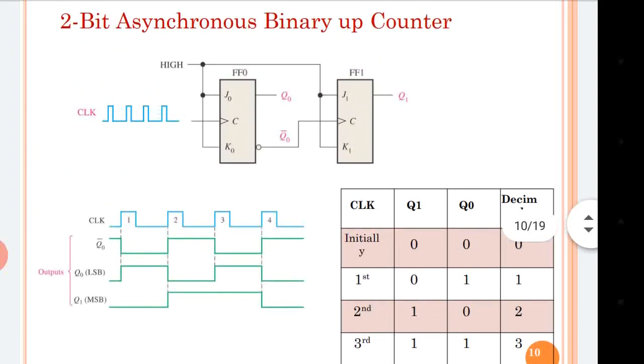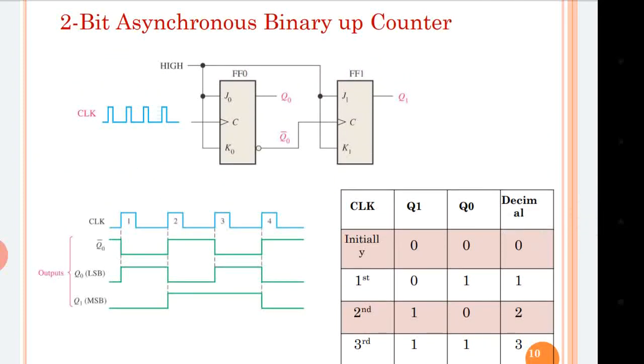Observe this diagram. This is what we were discussing. The flip flops shown here are rising edge triggered flip flops. So instead of connecting Q to the clock of the next, I have connected Q bar to the clock of the next, and this is working as an up counter.